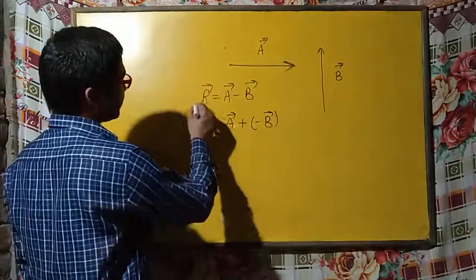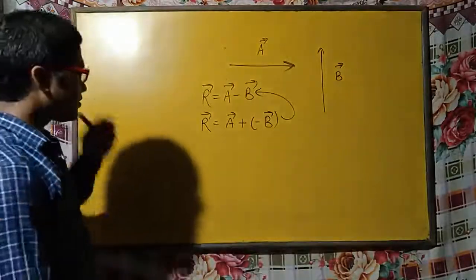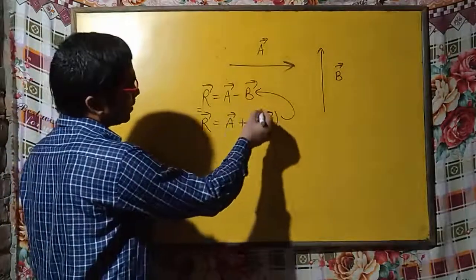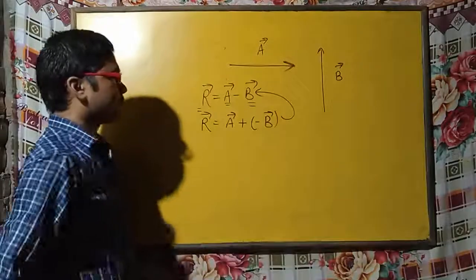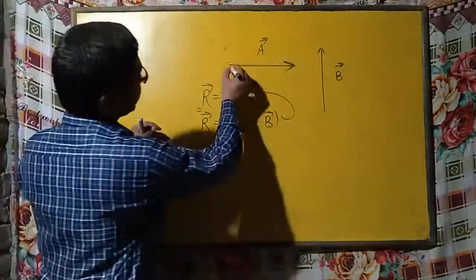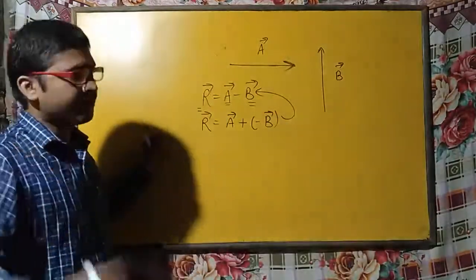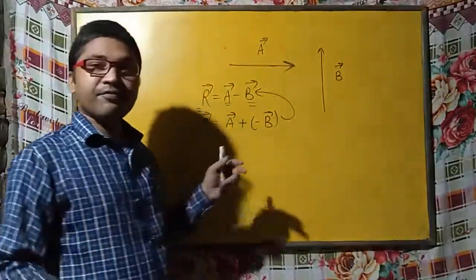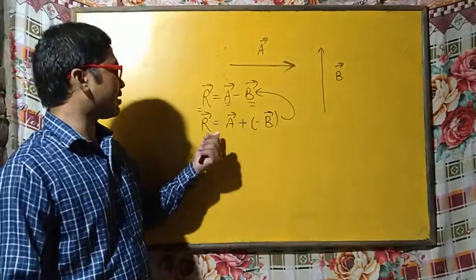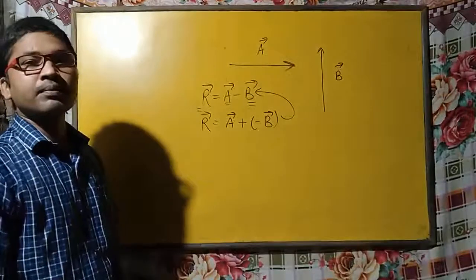And you will get the result, that is R is equal to A minus B. It means in this equation you have to add minus B vector with vector A. Initially we have vector A and we have vector B, but we need vector minus B. If we get vector minus B, when we add this minus B with A, we will get vector R.